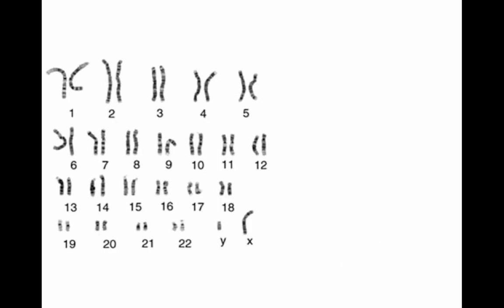And through this process, you'll eventually get something that looks like this, where all the chromosome 1s are lined next to each other based upon their length and their banding patterns, as you can see here. All chromosome 2s, both of them that is, are lined up with each other. Same with 3s and 4s and 5s, and all the way down to chromosomes 22, and then the sex chromosomes Y and X.